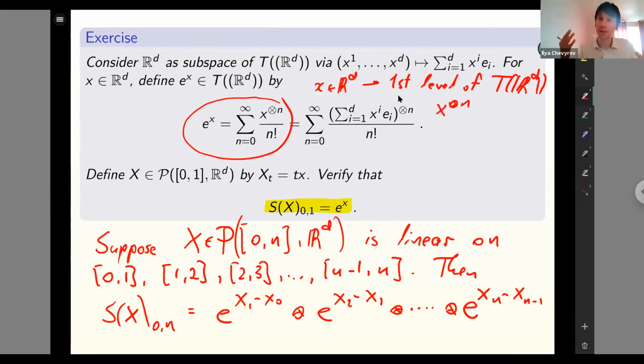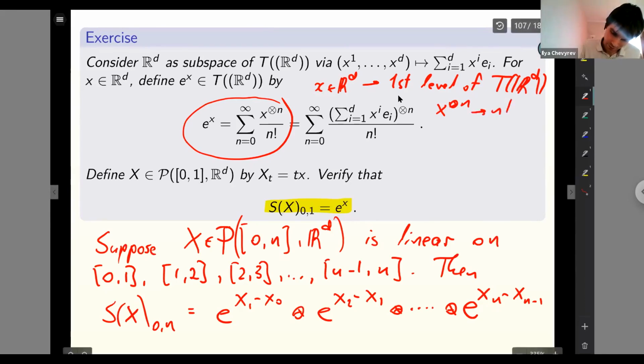It lives in a totally separate vector space from where x lives. In fact, each one of these terms lives in a different vector space. So in this sum here, there's no issue of convergence.